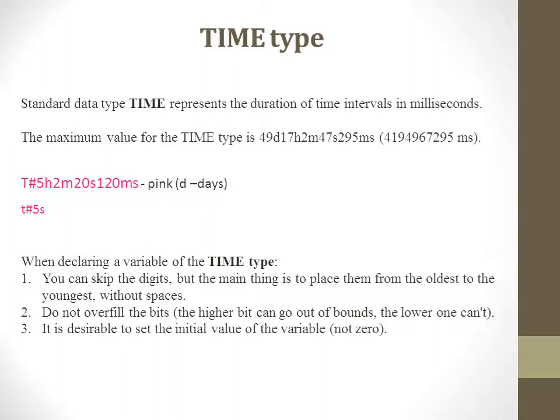The higher bit can go out of bounds, the lower one can't. And next, it's desirable to set the initial value of the variable, not 0. This information will be used to discuss the next set of function blocks of the standard library.